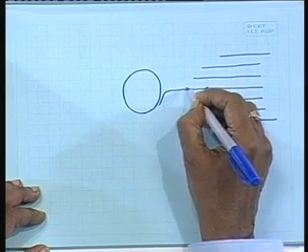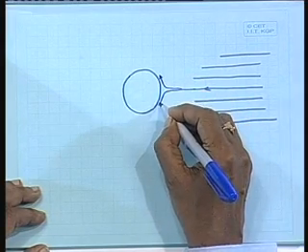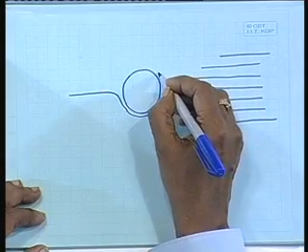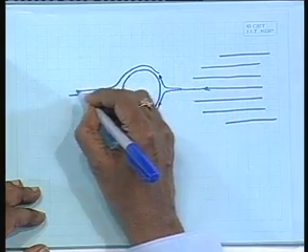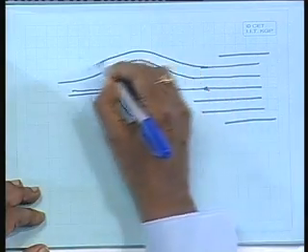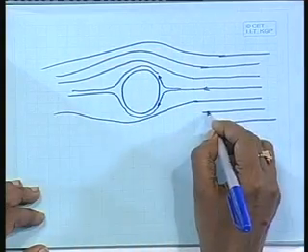There will be a stagnation point and the flow will separate into 2 streamlines, like this, and so on and so forth.